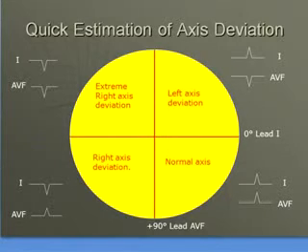If lead 1 and AVF are both predominantly positive, then it is the normal axis, that is the lower right quadrant. If lead 1 is positive and AVF is predominantly negative, usually that means the patient has left axis deviation. And if lead 1 is predominantly negative and AVF has a predominantly positive deflection, the patient is likely to have right axis deviation, that is the lower left quadrant.